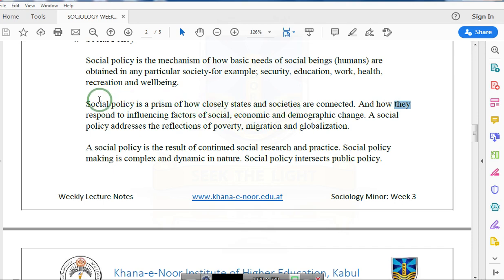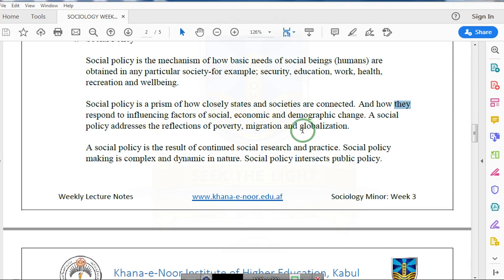Social policy is a prism of how closely states and societies are connected and how they respond to influencing factors of social, economic, and demographic change. A social policy addresses the reflections of poverty, migration, and globalization.